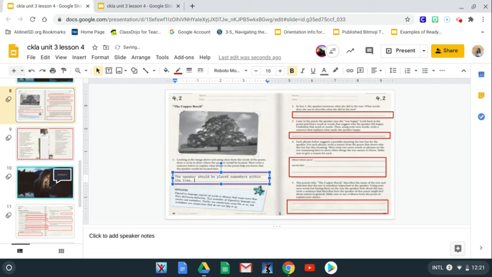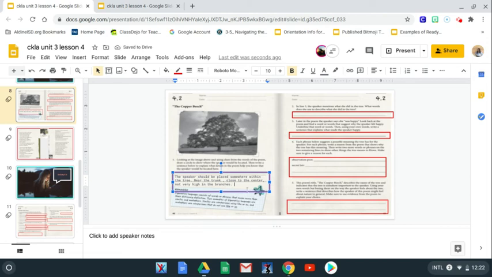So we can say she was near the trunk, close to the center, not very high in the branches, right, students?